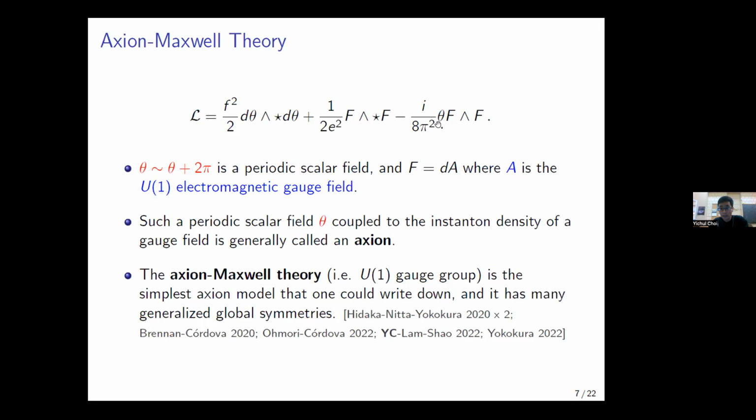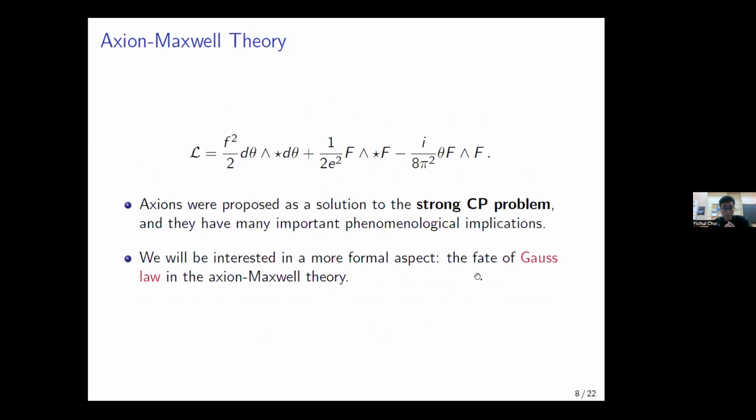It tells us how this scalar field is coupled to the gauge field. Such a periodic scalar field which couples to the instanton density of the gauge field is generally called an axion. And this axion-Maxwell theory with the U(1) gauge group is really the simplest axion model that you could write down. It has many interesting properties and many generalized global symmetries.